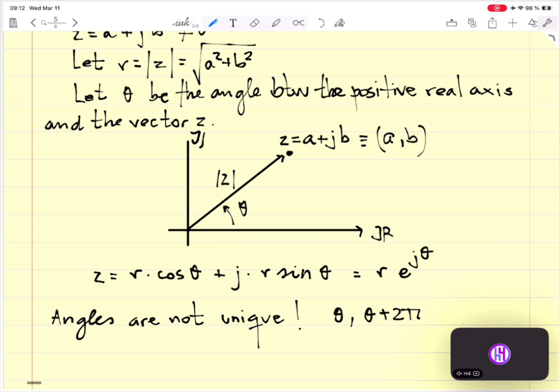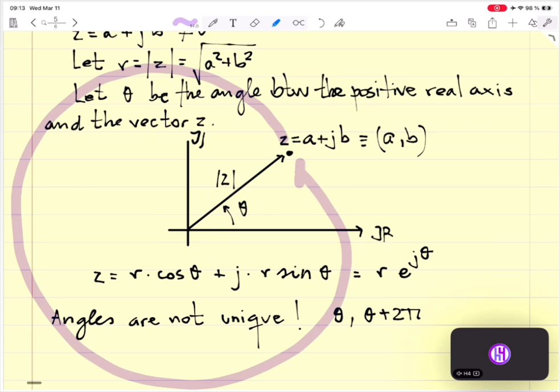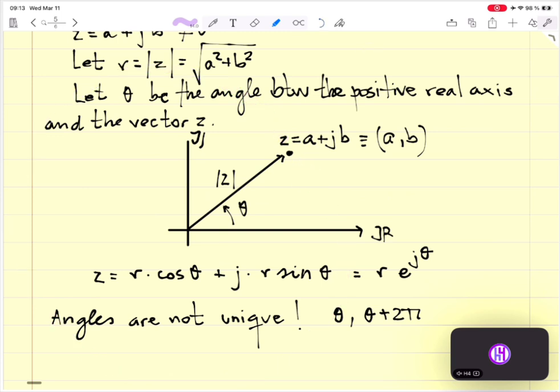If we turn this vector 360 degrees, we end up where we started. So theta is not unique. All these are solutions of the problem. And this is the basis for frequency analysis later on.